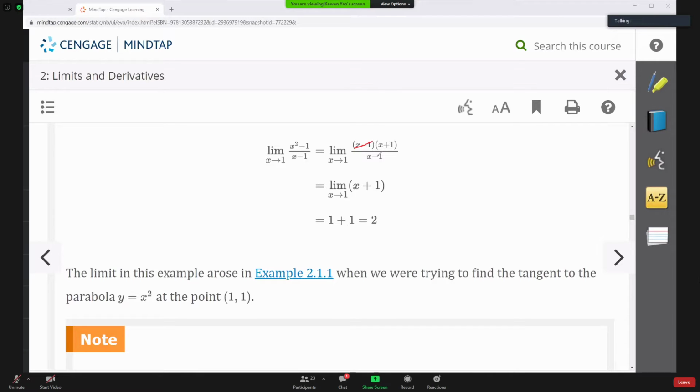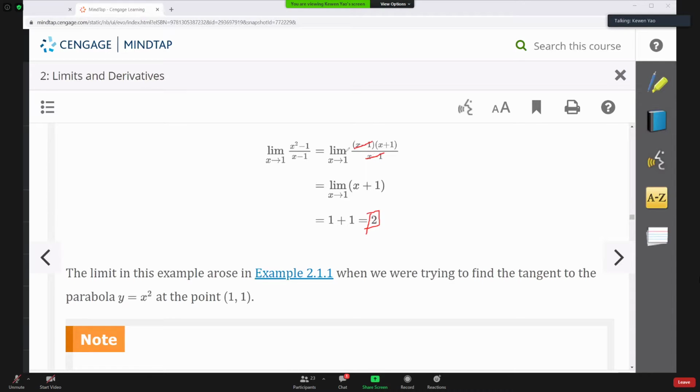They cancel, so what's left is x plus 1. Then you can use the direct substitution property, because this becomes a polynomial. Easy. You put 1 inside, 1 plus 1 is 2. So that's the final answer.